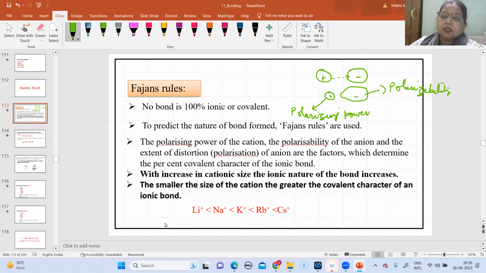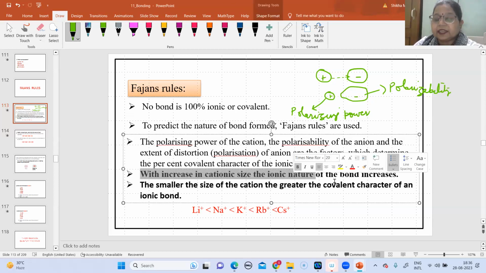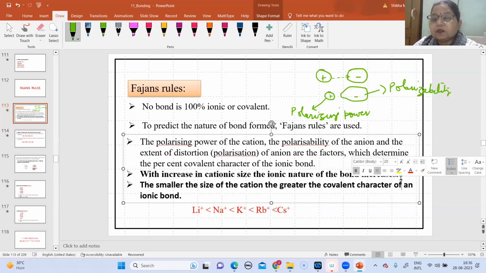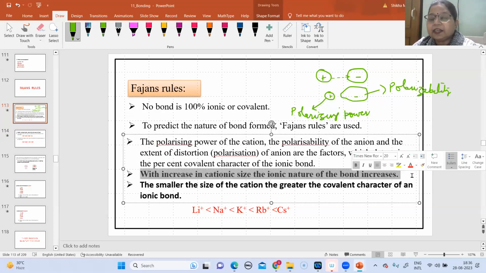So they have given us certain rules which we must remember to solve the related questions. The first rule says, with the increase in cationic size, the ionic nature of the bond increases, right? I have highlighted this first point: between lithium, sodium, potassium, the larger the size of the cation, the more will be the ionic character. And vice versa is also true.